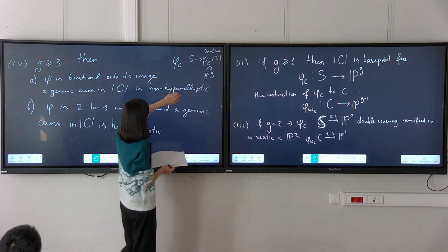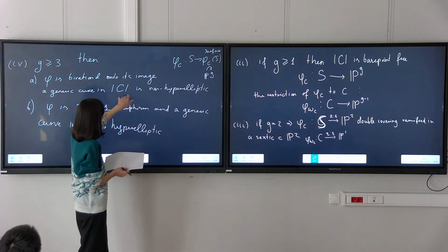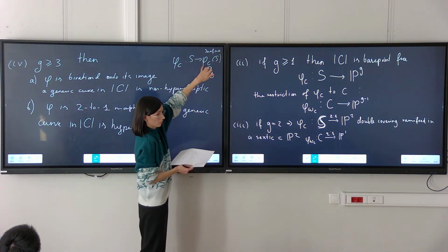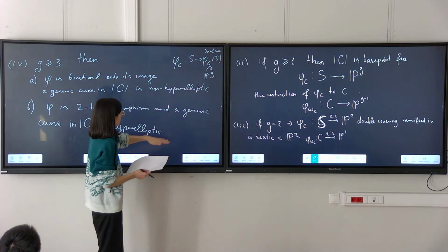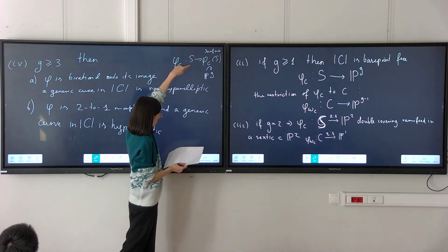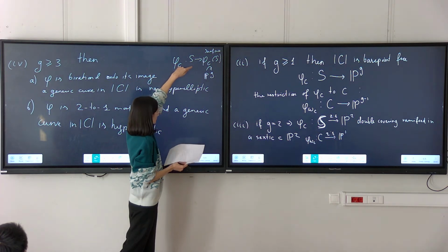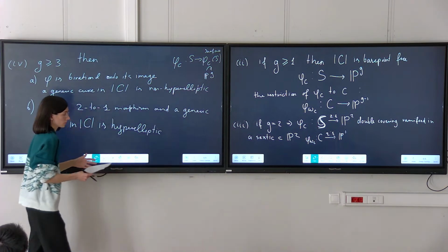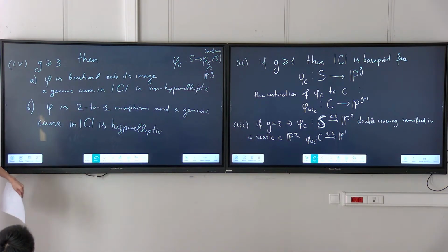But in any case, this is a surface in PG. And what I'm saying is that if C is non-hyperelliptic, then this is a birational map. Okay? And if it's hyperelliptic, then it has degree 2. So it's a double covering in a general point.